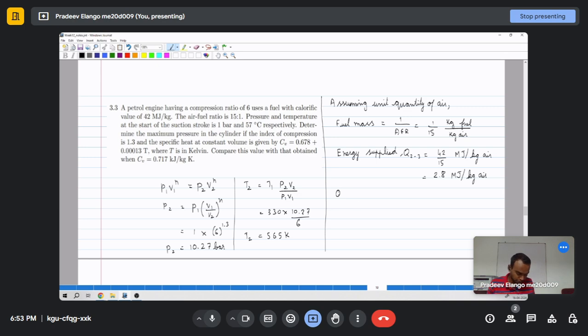So Q23 is Cv mean into M total into T3 minus T2.